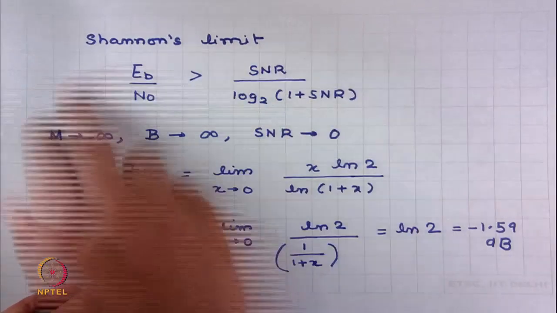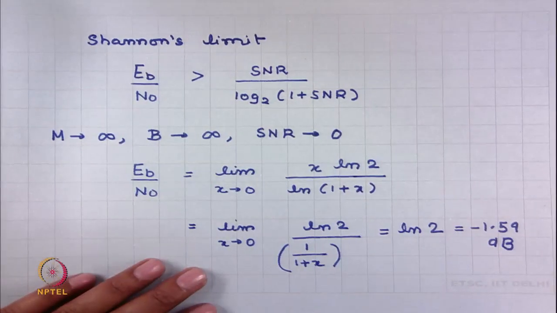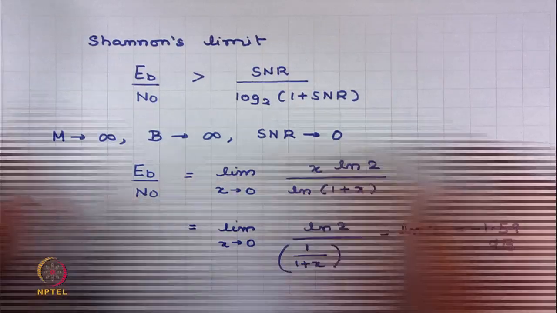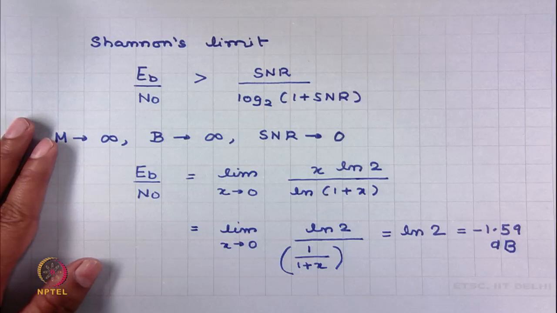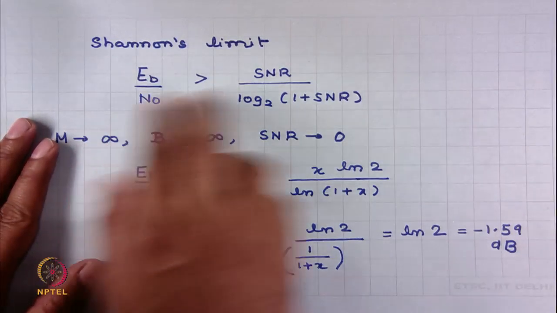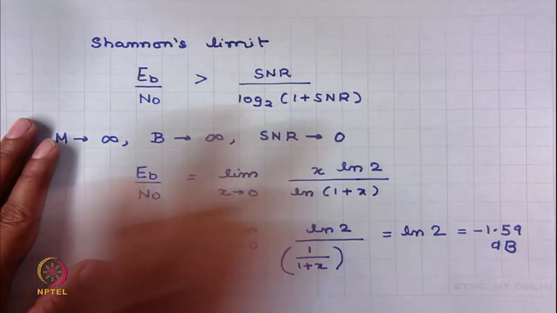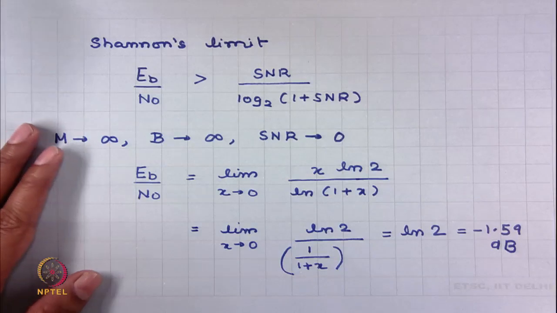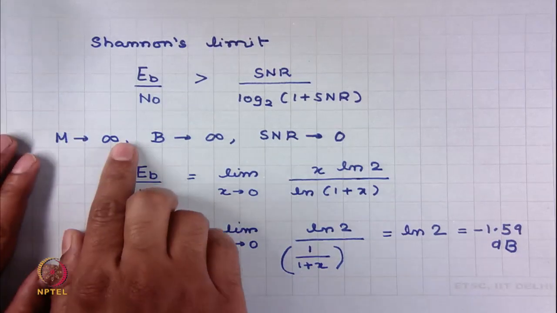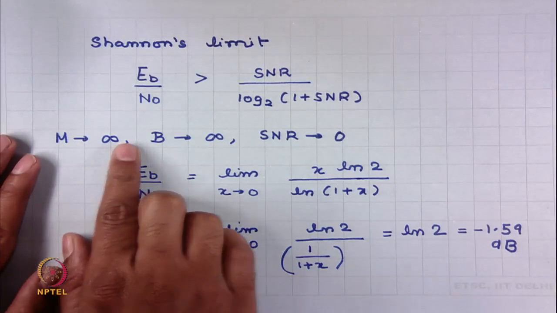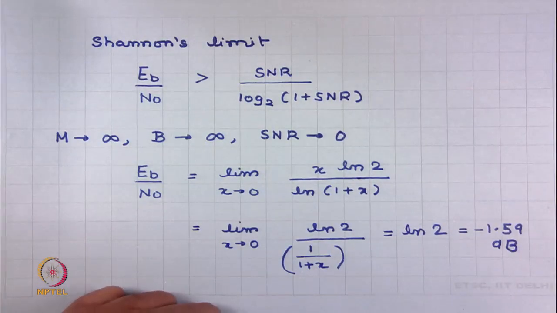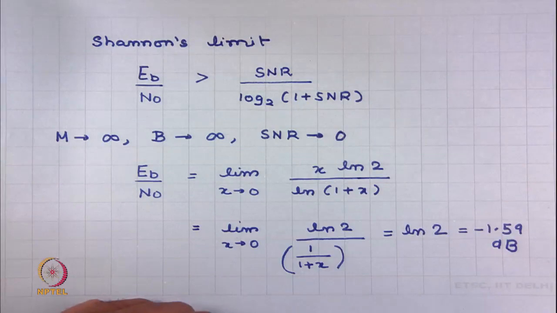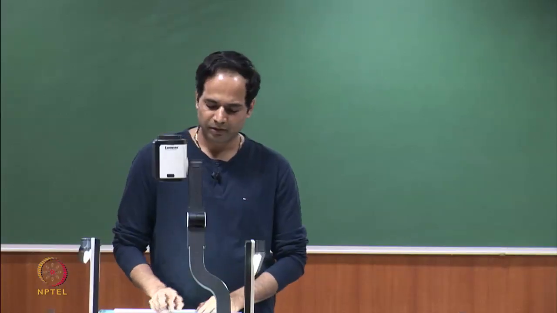So, we have seen this equation before. I guess when we first looked into these orthogonal modulation schemes, we said that Eb/N0 should be greater than SNR divided by log 2 of 1 plus SNR. When m tends to infinity, these orthogonal modulation schemes begin to require infinite dimensions, thus they will have infinite bandwidth requirement.